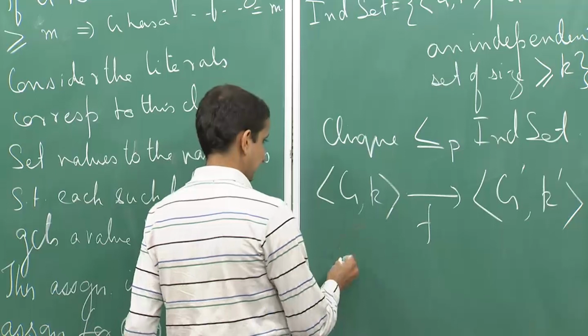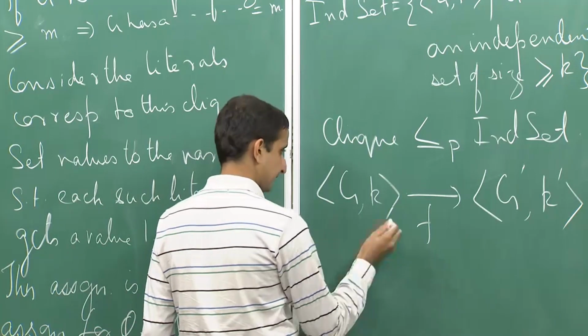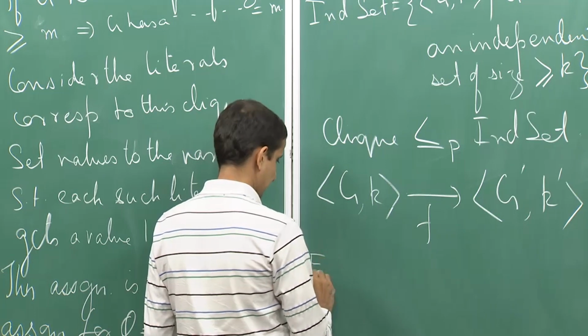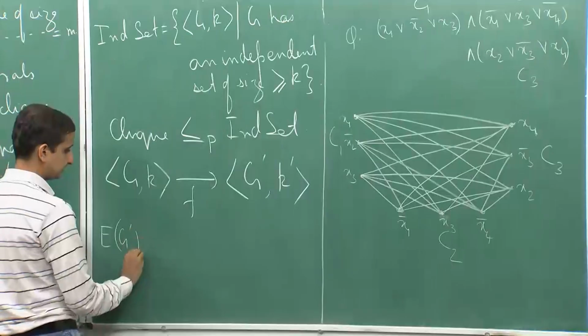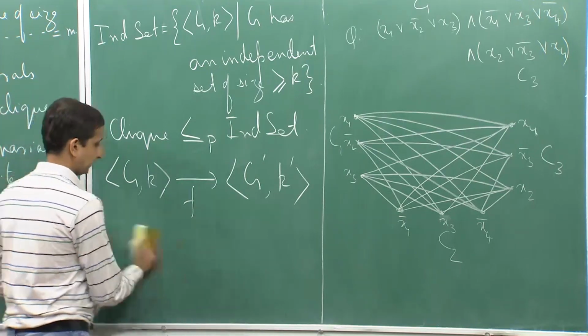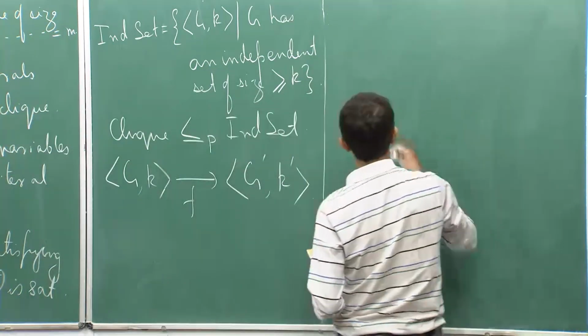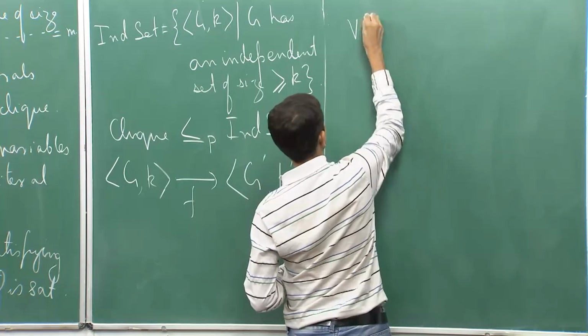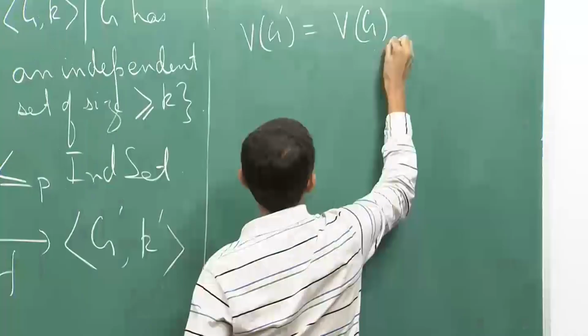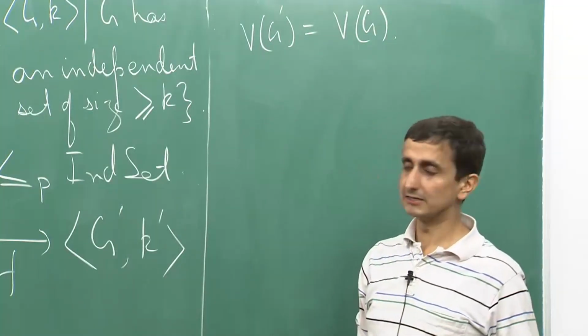Let us say that I define G prime as follows. First of all, the vertex set of G prime is equal to the vertex set of G, so they have the same set of vertices.